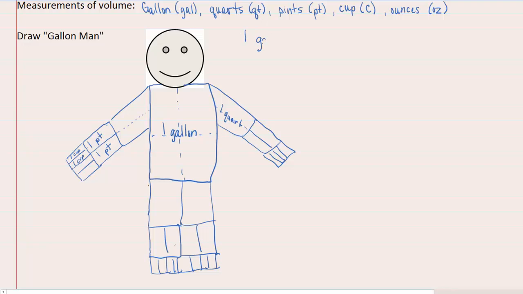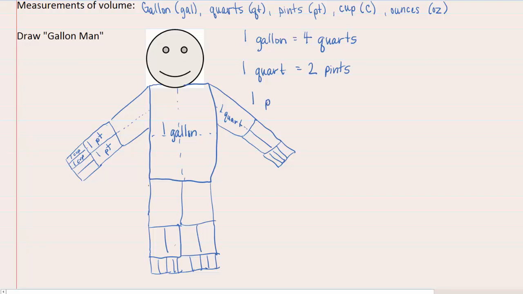For 1 gallon, we saw that was equivalent to 4 quarts. Then we saw that each quart was equivalent to 2 pints.